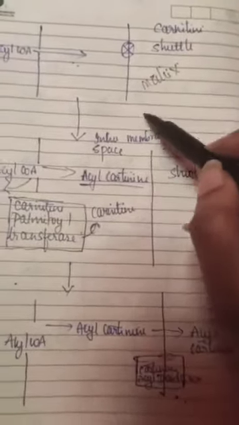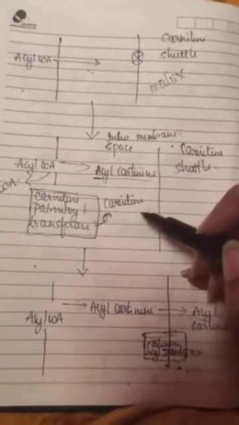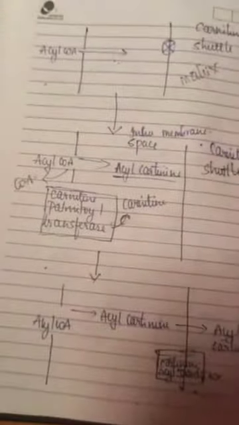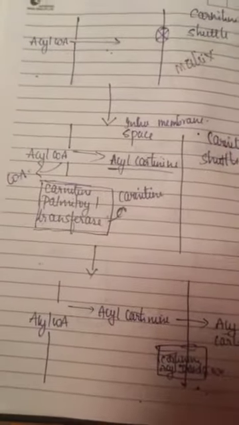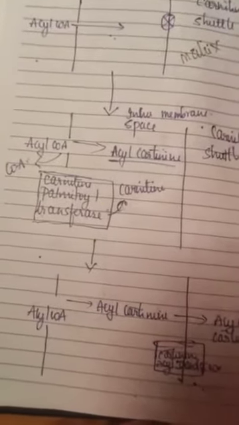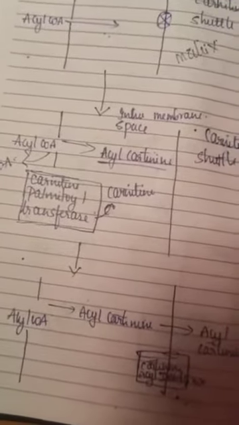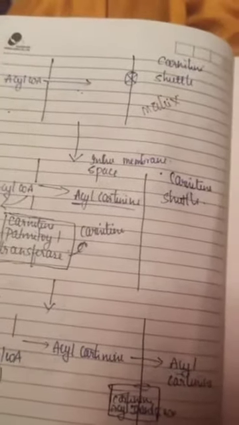So what will happen in the next step is that when it reaches the intermembranous space, there is a special method called the carnitine shuttle in the inner membrane.